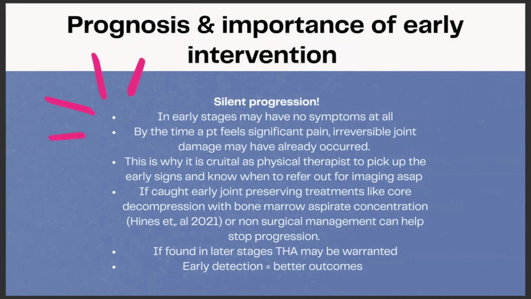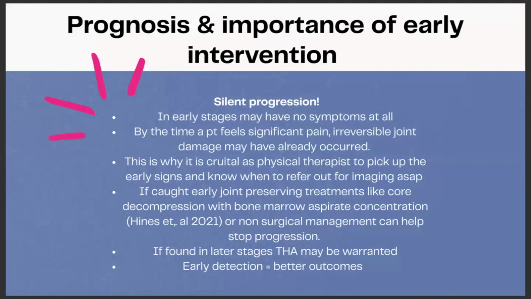Basically, what that is is that they drill one or more small holes into the affected bone. What this does is it relieves internal pressure and helps increase blood flow and allow new blood vessels to form. Sometimes the surgeon can add a bone graft or biologic material like stem cells to help with bone healing. It's done basically to relieve pain, slow or stop progression, and to delay getting a total hip replacement.